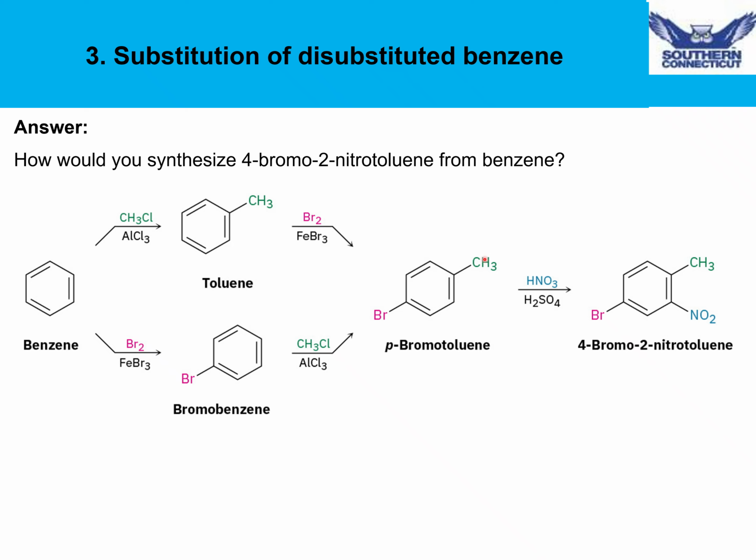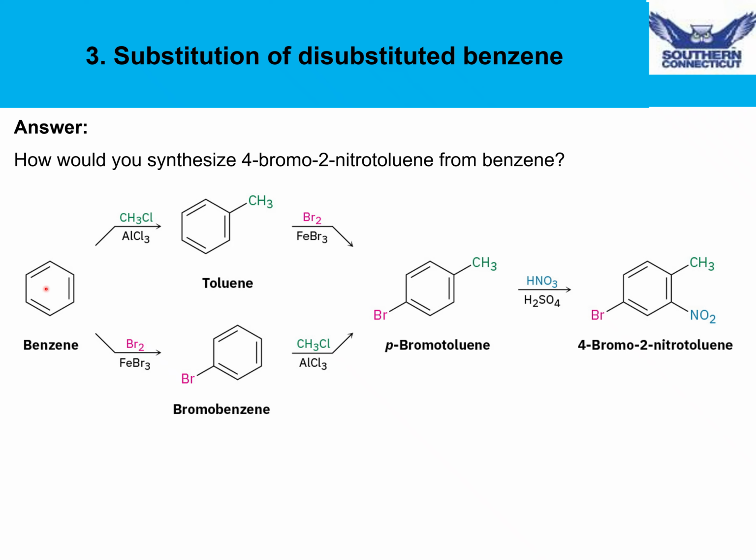That should give us a way to make para-bromotoluene, although this is not the best route to make this compound, since you might recall that because both the methyl group and the bromine are relatively small groups, I would suspect that this reaction should give you primarily the ortho substituted product rather than the para substituted product. But we'll ignore that for this synthesis.